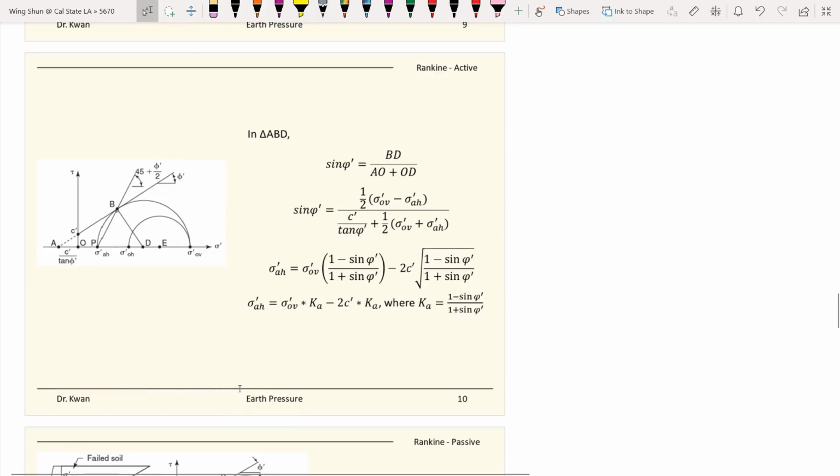So of the Coulomb and Rankine methods, Rankine is the best to explain by the Mohr circles because it is a stress state method. That's why the Mohr circles explain this perfectly well.